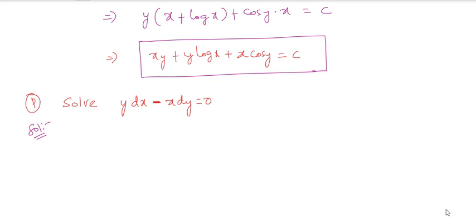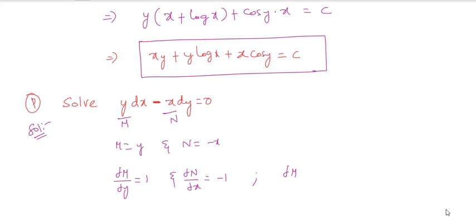If you observe here, again this is your M dx plus N dy. So M will be y, and N will be minus x. Dou M by dou y is 1, and dou N by dou x is minus 1. So dou M by dou y is not equivalent to dou N by dou x.